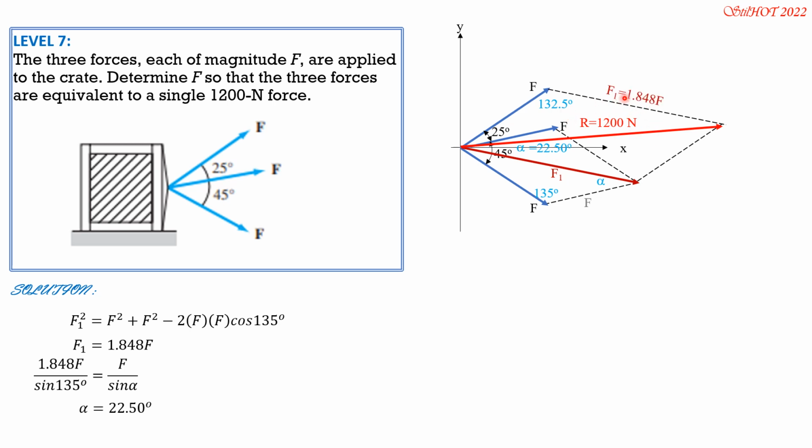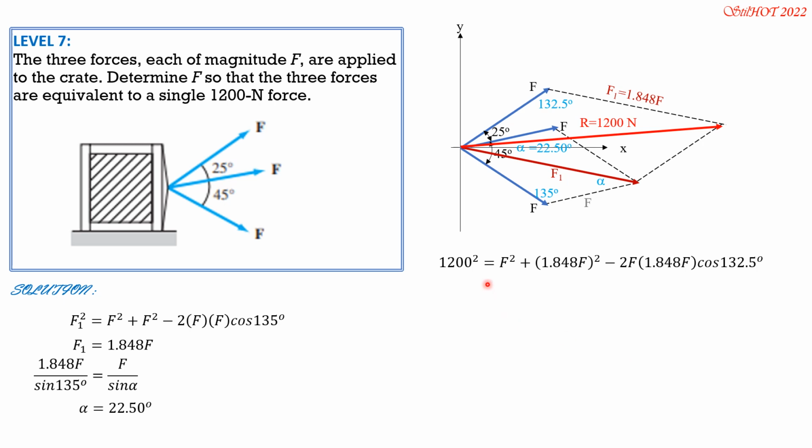This is F1, which is 1.848 F. By cosine law, 1200 square equals F square plus 1.848 F quantity square minus 2 times F times 1.848 F cosine of 132.5.